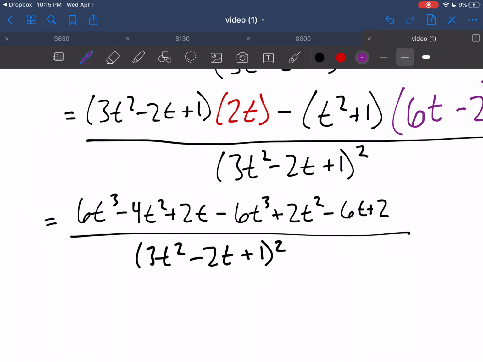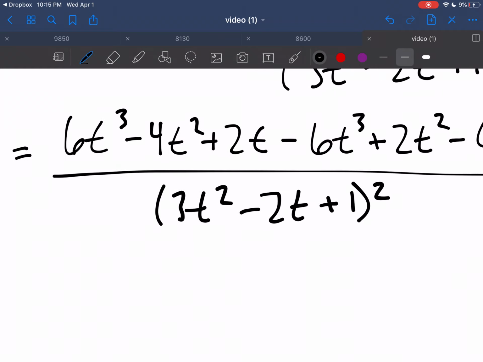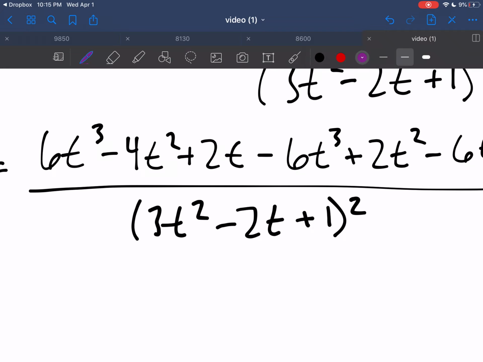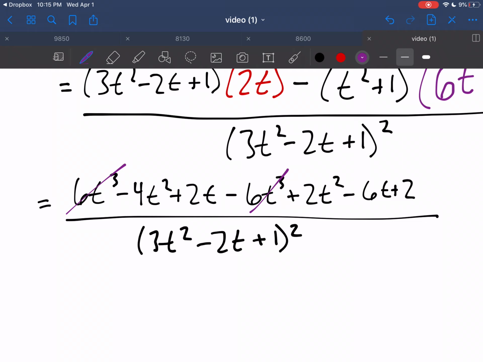Alright, and we see this, what cancels? Does anything cancel? No, nothing cancels, but we can combine some like terms. Oh wait, nope, these cancel. So these 6t cubed terms cancel. And then we can combine our squareds and our t's.